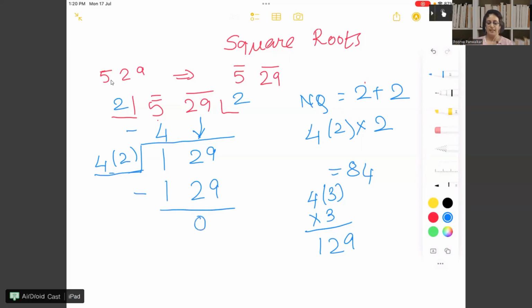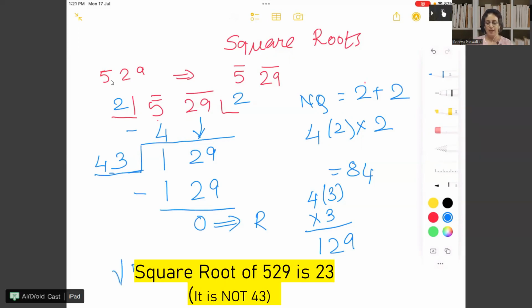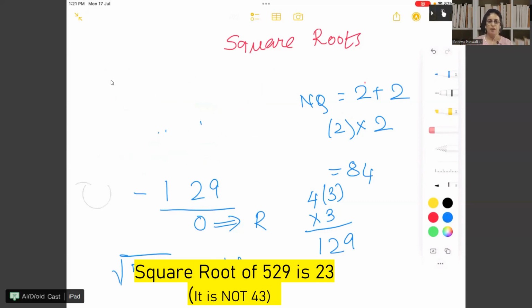Once I subtract, I get the remainder 0. This shows that once I get remainder 0, my division is complete, since there is nothing left to divide. So obviously the square root of 529 is 43. Now let us try using the same method for a slightly higher number.